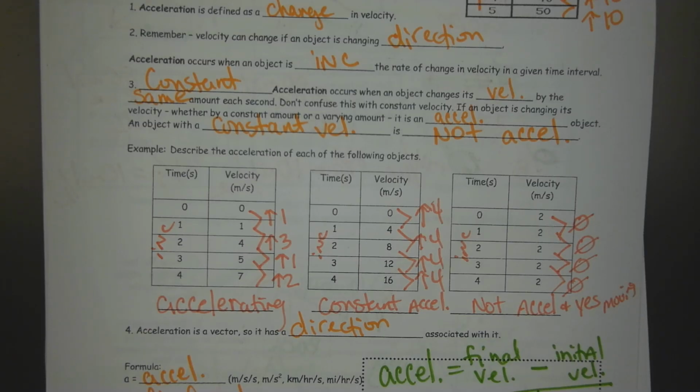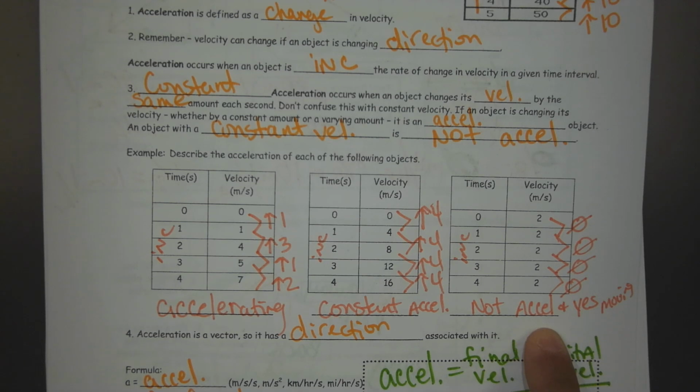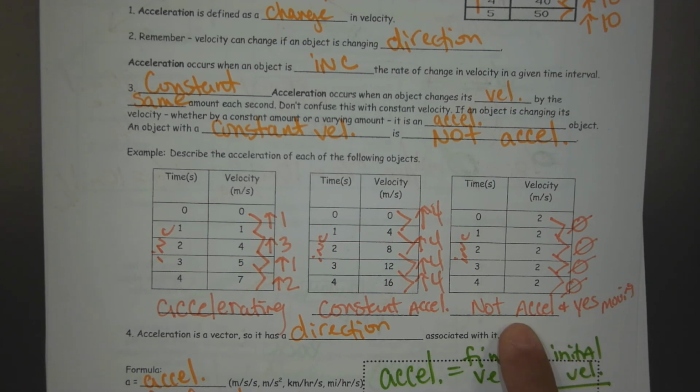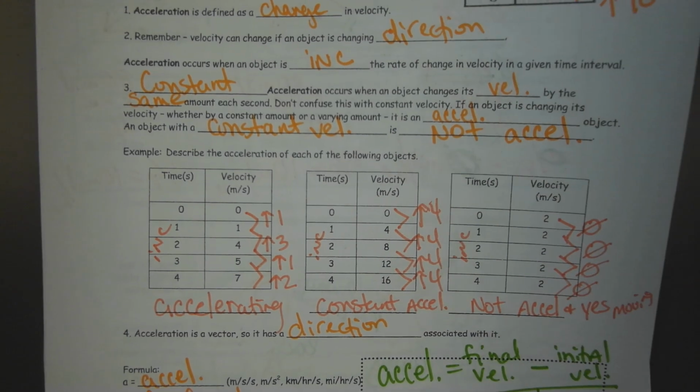The last chart here, 2, 2, 2, 2, 2, 2. I asked you in class last week on Friday, hey, is my object moving? And y'all told me, yeah, it's moving, Miss Munson. The velocity is 2. But yes, it's moving, but it has 0 acceleration.